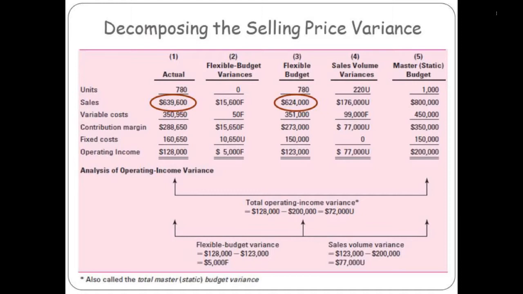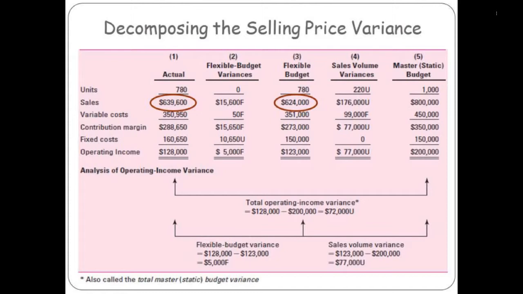What's this variance due to? Price. It's a price variance here, right? Because they have the same quantity sold. They just raised the price higher. So when I say a favorable variance might be a cause of a problem, this is an example, right?